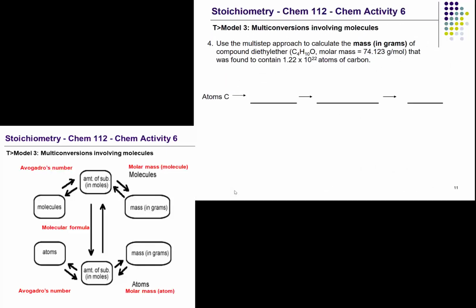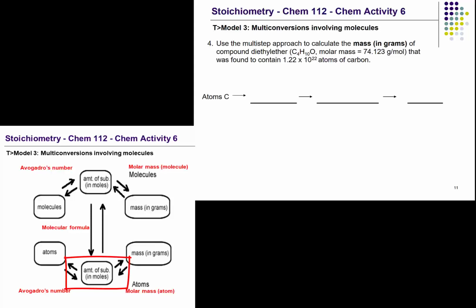In key question number 4, we're trying to calculate the mass in grams of a compound, and we're starting with a number of carbon atoms that are in that compound. So using this chart, we're starting with the number of atoms of carbon. The only thing that we can really do is to convert that using Avogadro's number to the amount of substance, or the amount of carbon atoms in moles.